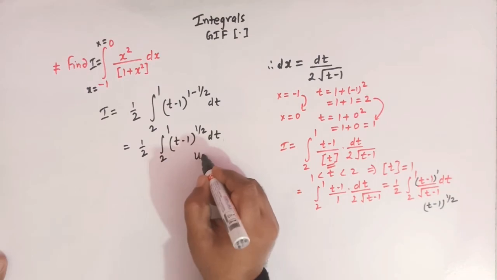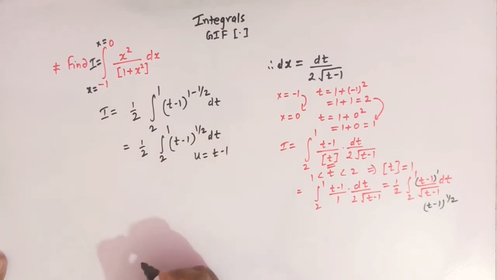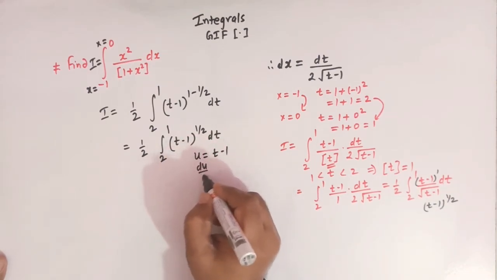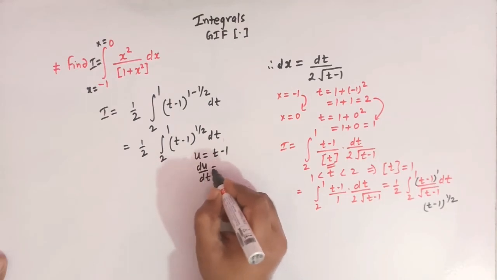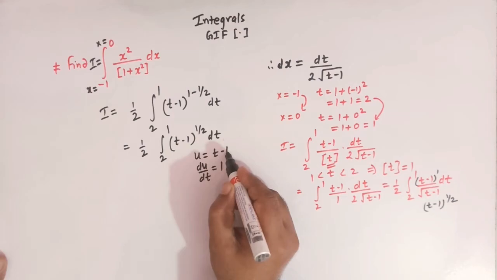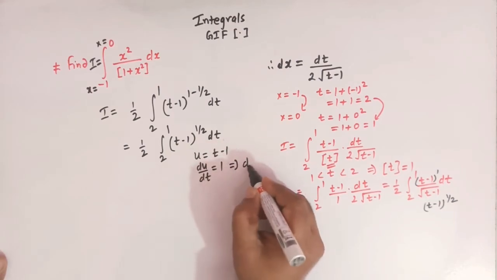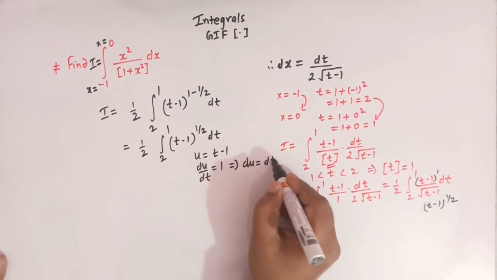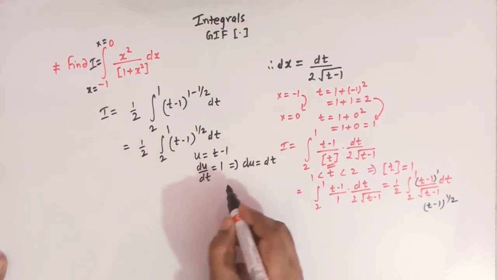So let us substitute u is equal to t minus 1. Then du over dt is equal to 1, since the derivative of t with respect to t is 1 and the derivative of 1 is 0, so du is equal to dt. Here t varies from 2 to 1.